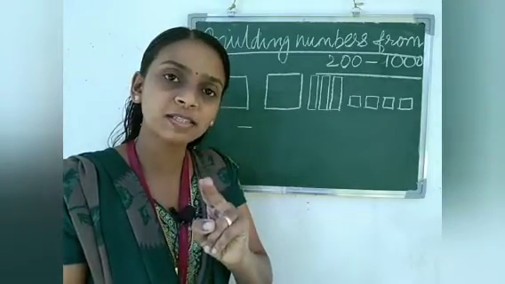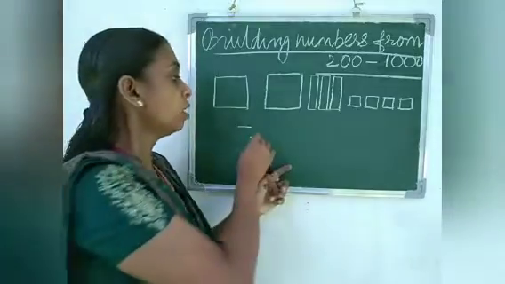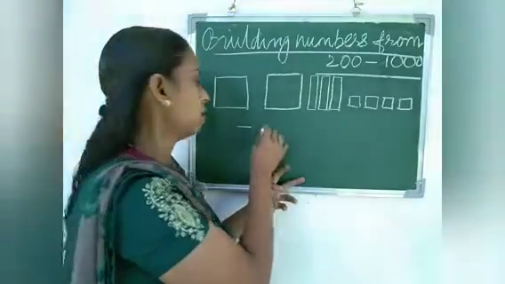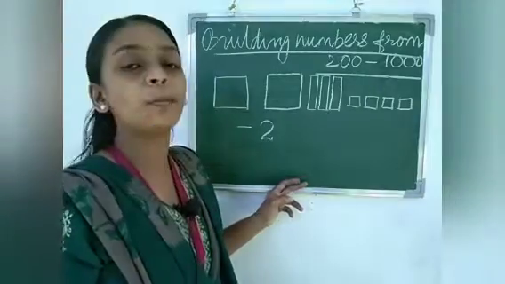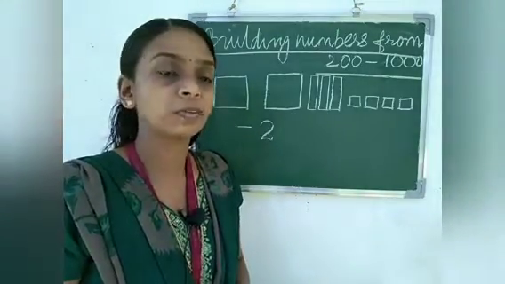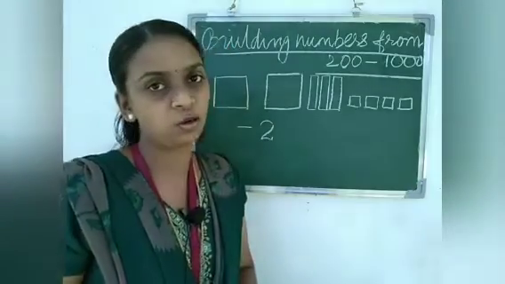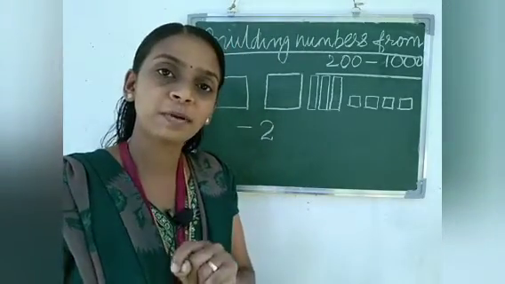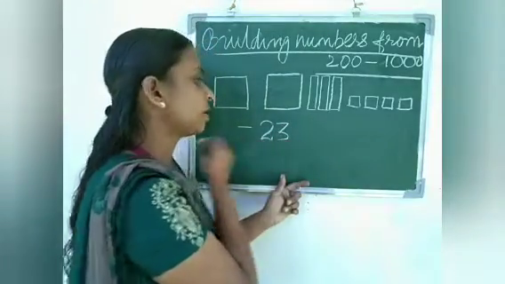I drew 2 big squares here, so 2 is the number in the hundreds place. Then how many rectangle roads are there? Yes, it is 3. I drew 3 rectangle roads, so 3 is the tens place number.